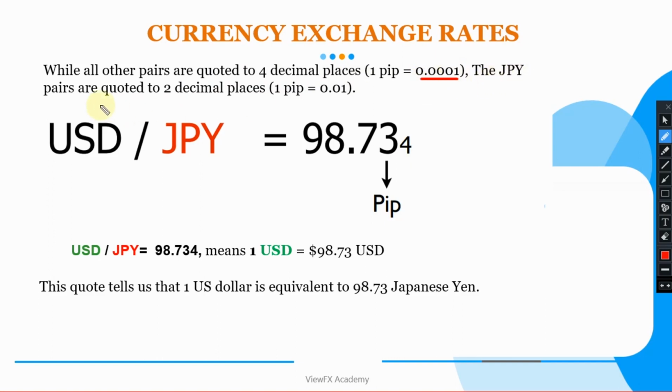But the JPY pairs are quoted to 2 decimal places. And that is because when you go to any chart on JPY, you will find 3 numbers after the decimal, because it's a JPY.